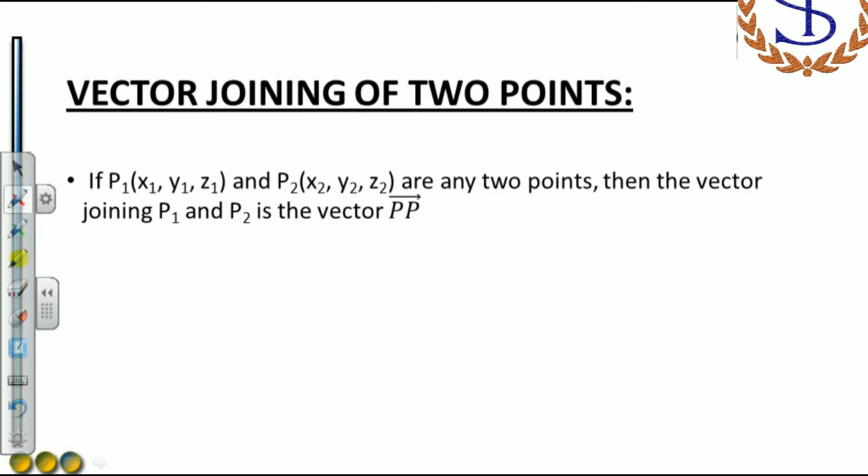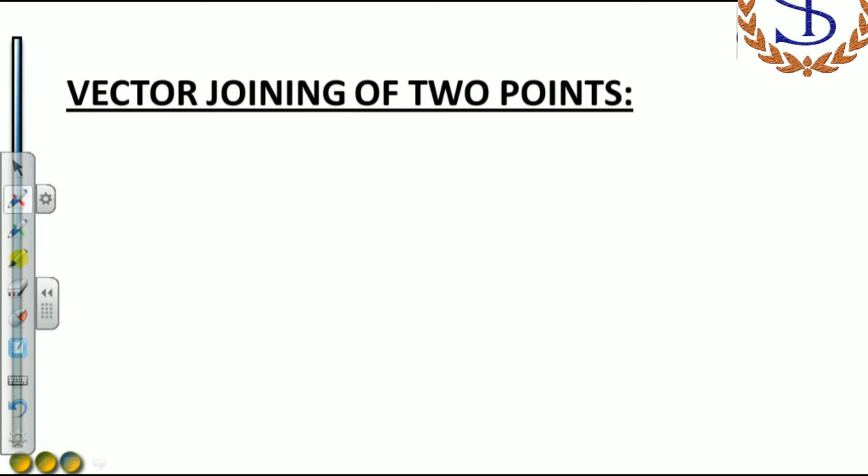Now in the next, consider the vector joining two points. If here is one point A and this is the point B, and the coordinates of A are, let's say, x1, y1, z1, and the coordinates of B are x2, y2, and z2.